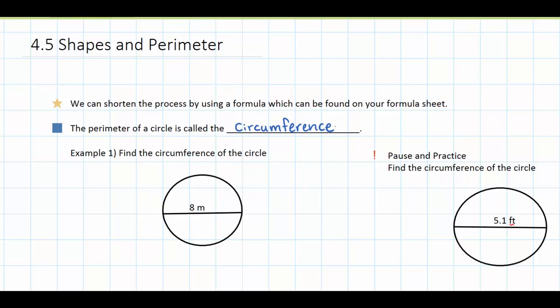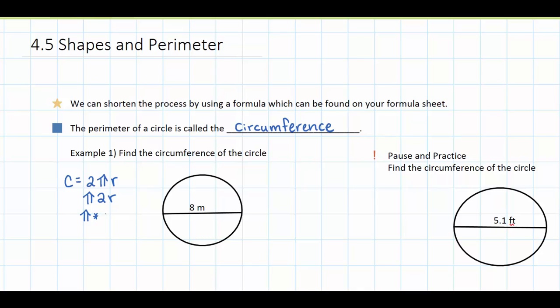In example 1, it asks us to find the circumference of the circle. On your formula sheet, you have a formula for the perimeter or circumference of a circle. C equals 2 pi r, or pi 2r.